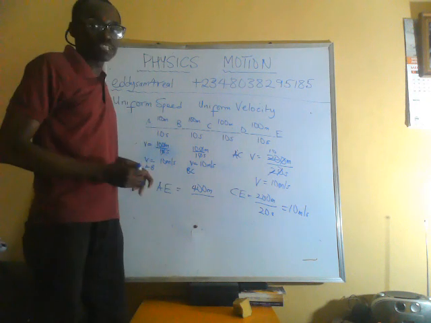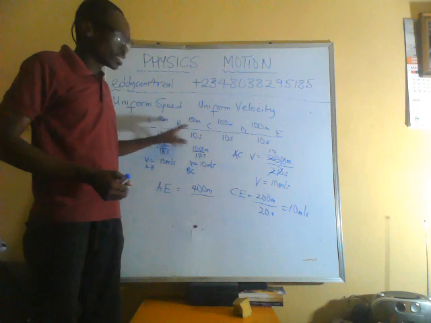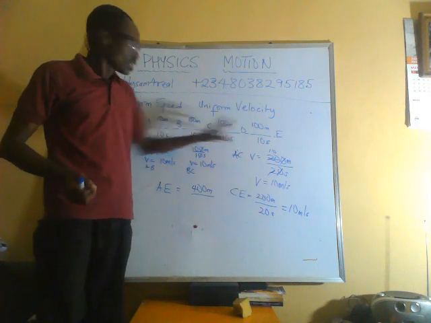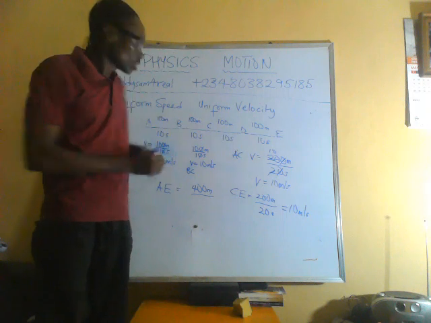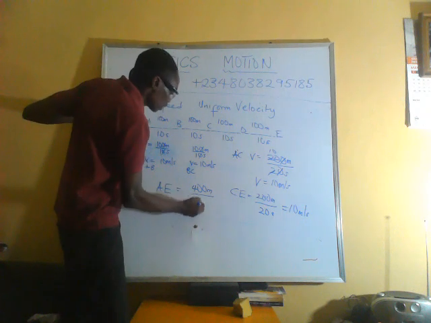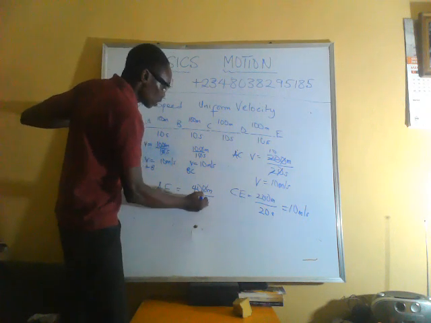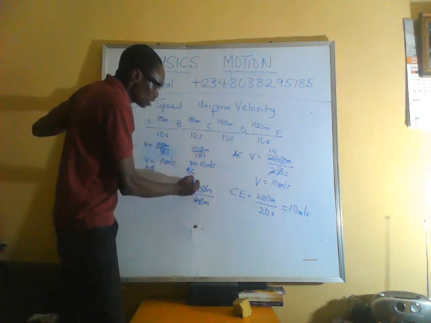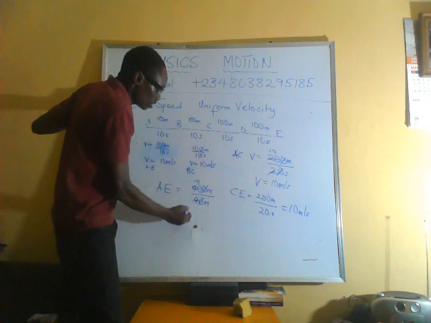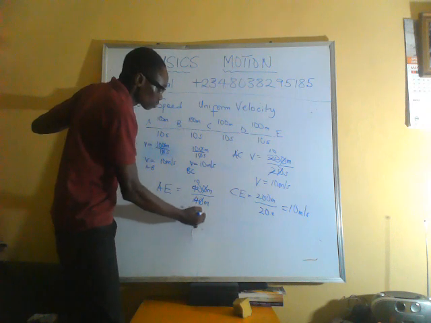So what is the total time? We have 10, 10, 10, 10. 10 plus 10 is 20, 20 plus 10 is 30, 30 plus 10 is 40. So we have 40 seconds. 0 cancels 0, and 4 in 40 is 10. So we still end up with 10 meters per second.